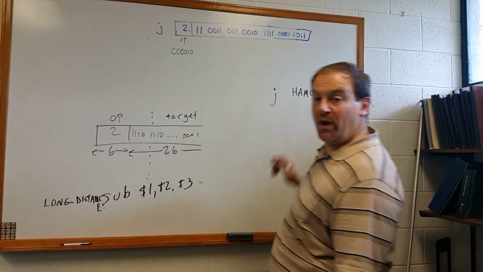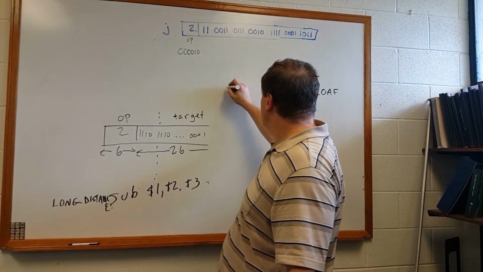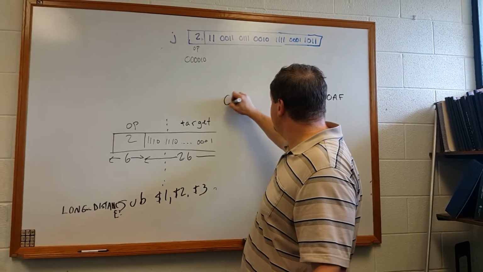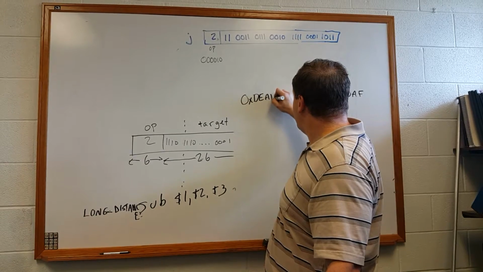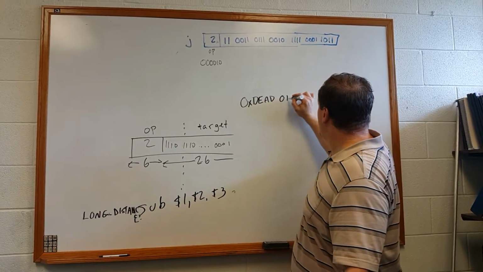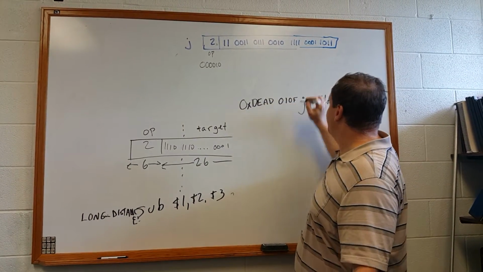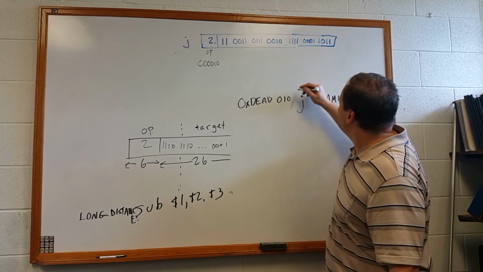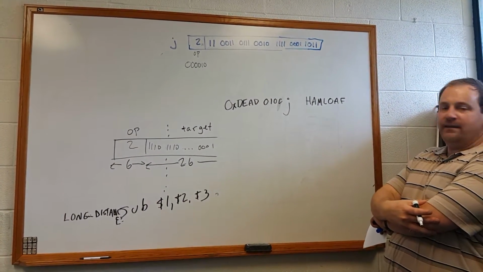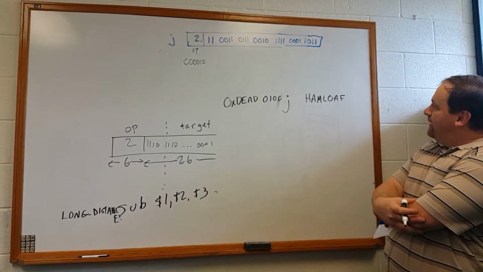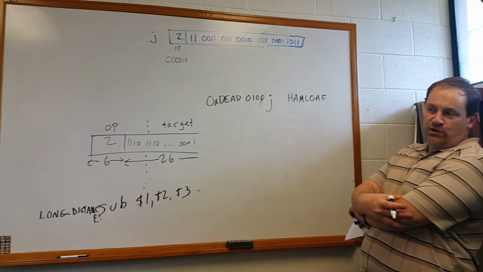Well, I need to tell you where this is at. So, this is at 0xDEAD010F. I can't do F. I'm going to do C. Okay? Dead 10C. Okay, now we have all the information.